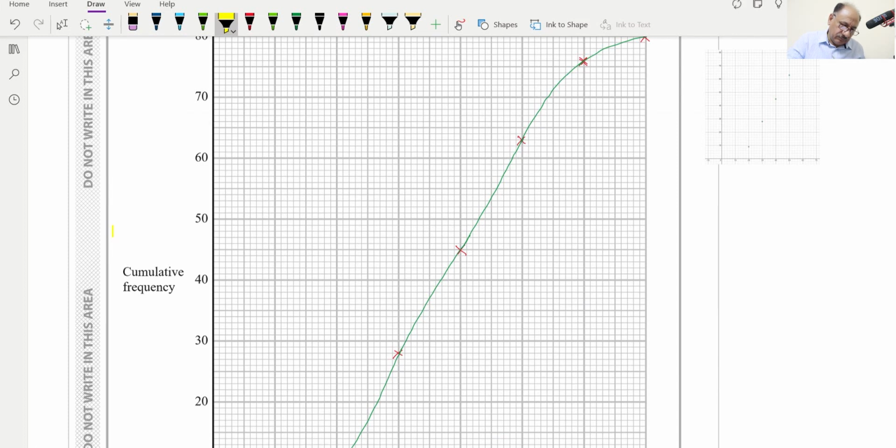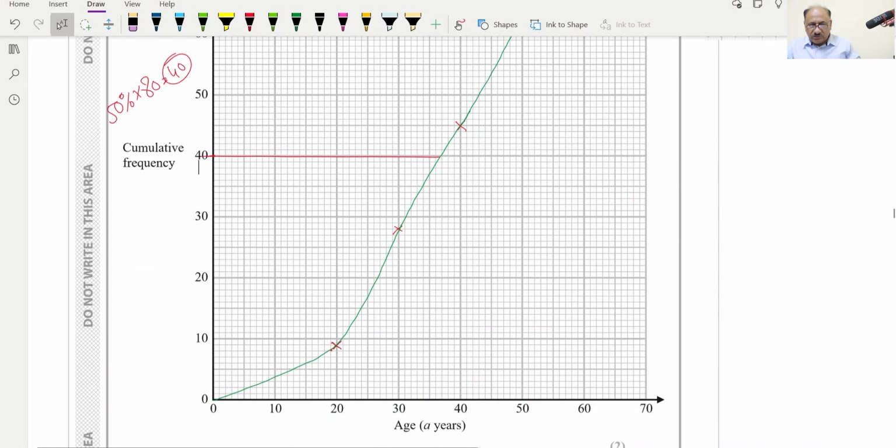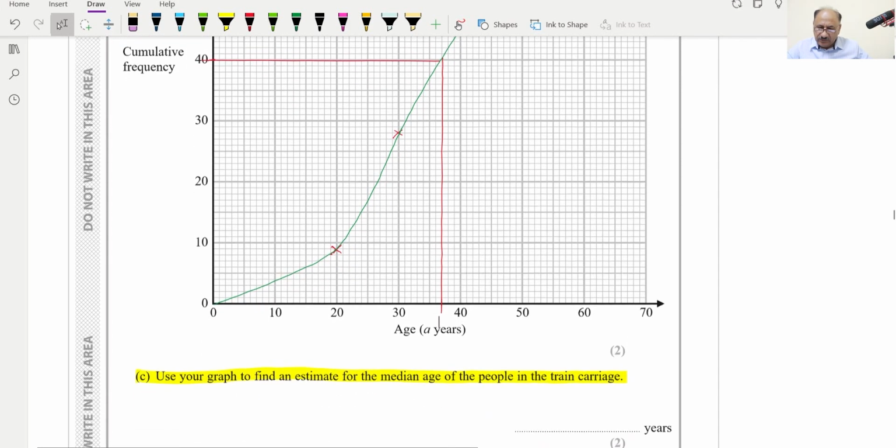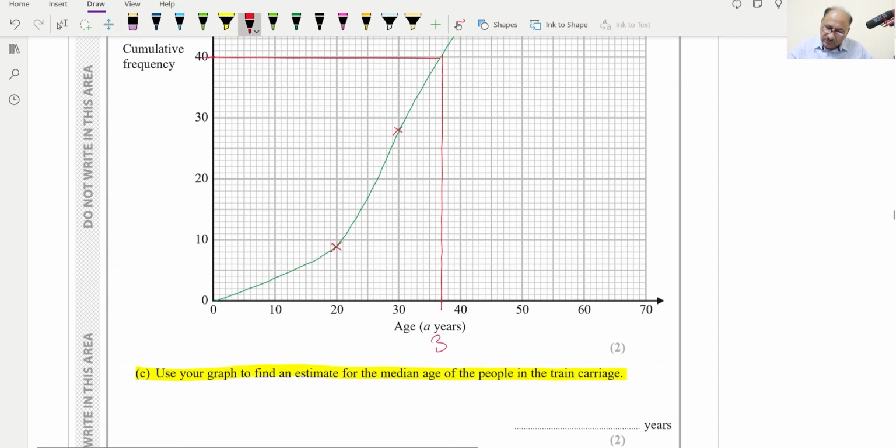We find it as 50% of 80, which is equal to 40, and we take the reference from this point to the x value, which is over here, and this value is like 36.7, basically 37.